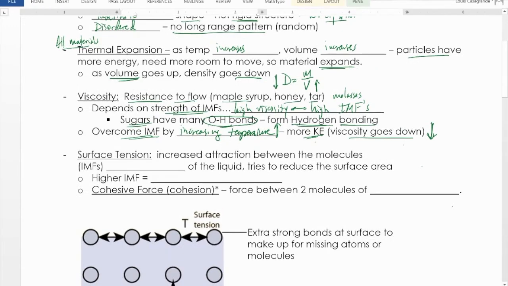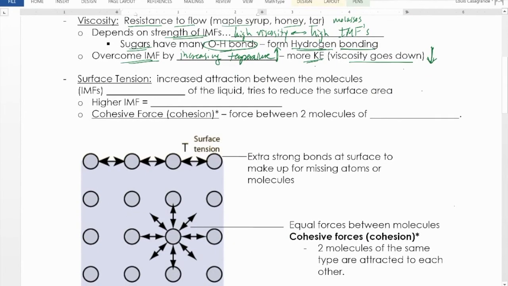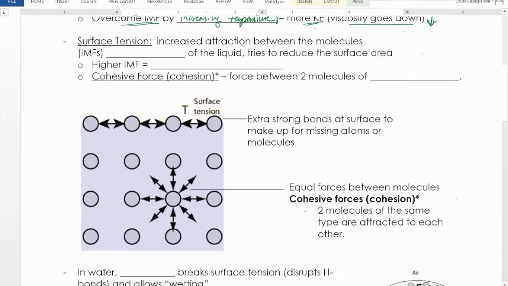Another very important property of liquids is something called surface tension. Surface tension happens because there is an increased attraction between the molecules at the surface, as surface tension implies. So what happens here is this.